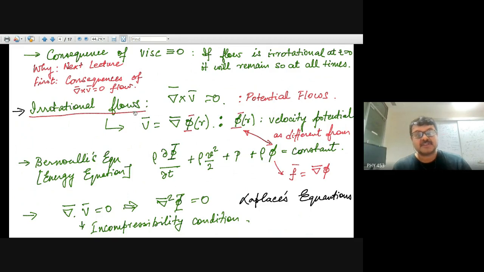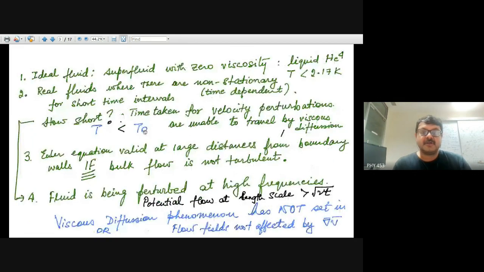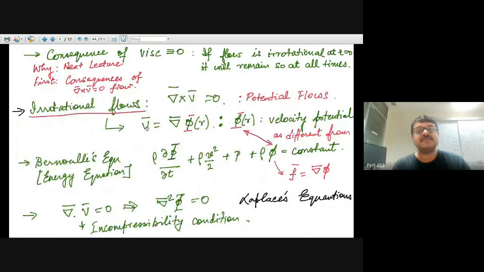For irrotational flows, once it is irrotational, it will remain irrotational because viscosity is zero. Curl of v equal to zero is called potential flow. Why? Because if curl of v equals zero, v being the velocity field, then the velocity field can be written as grad of phi, the velocity potential, because the curl of a gradient of a scalar function is always zero.